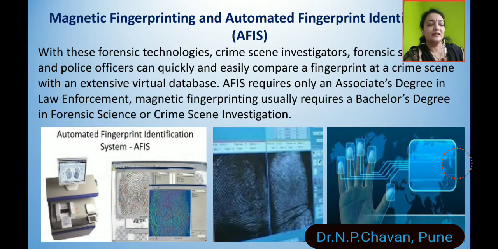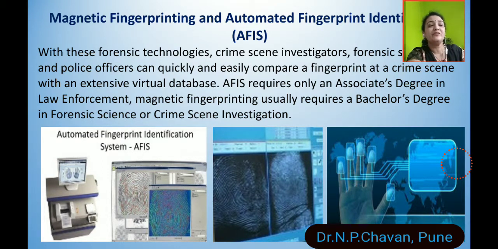Then the next technology is magnetic fingerprinting and automated fingerprint identification, also known as AFIS. With these forensic technologies, crime scene investigators, forensic scientists and police officers can quickly and easily compare a fingerprint at a crime scene with an extensive virtual database. We study fingerprints in forensic medicine. As an academic, we know how fingerprints are taken, how they are studied, what their different types are, and why these fingerprints are produced.